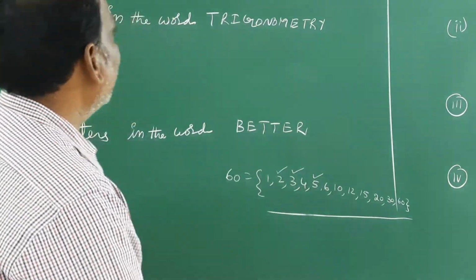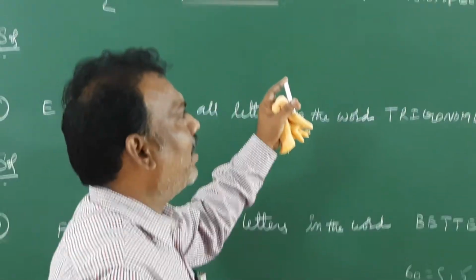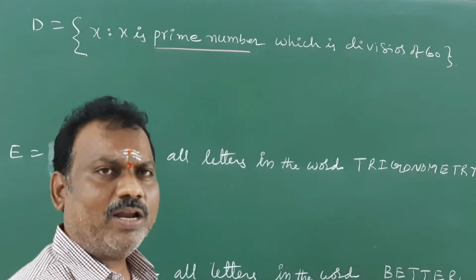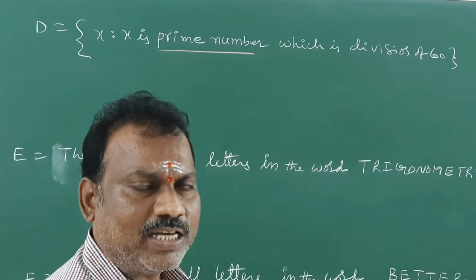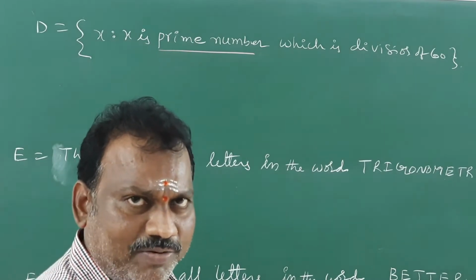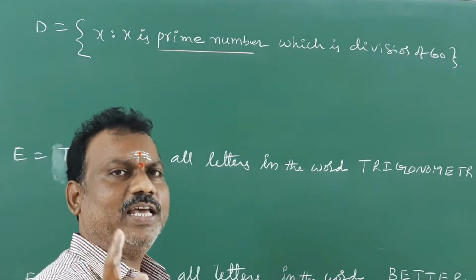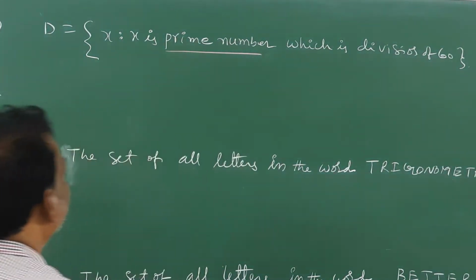That's why the given question is x such that x is a prime number which is a divisor of 60. So the given number should be a prime number as well as a divisor of 60. It should be exactly divisible into 60 as well as be a prime number. So what are the chances you have, students?